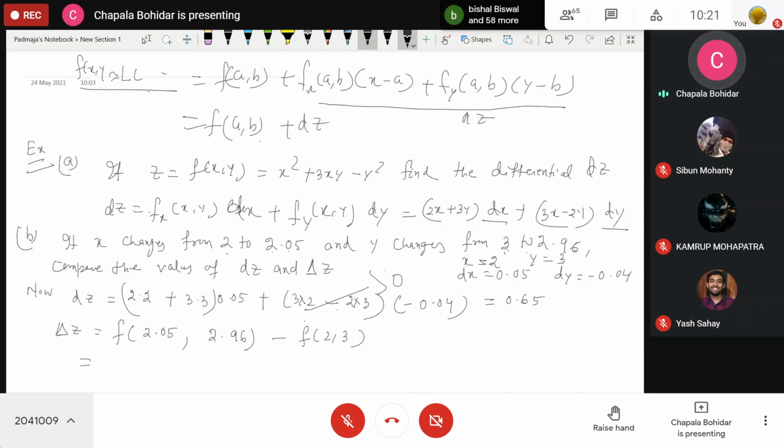It is 2.05 square plus 3 into 2.05 into 2.96, then minus 2.96 square, then minus the value it is 2 square plus 3 into 2 into 3, then minus 3 square.